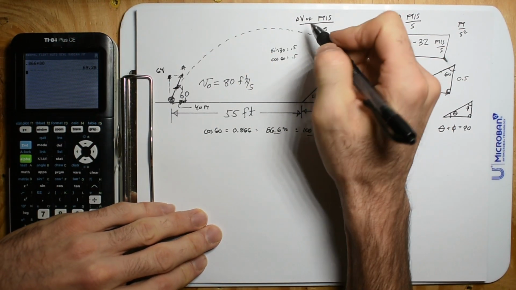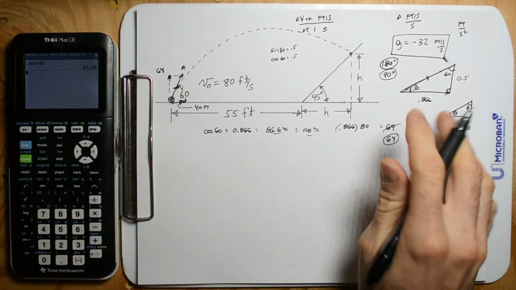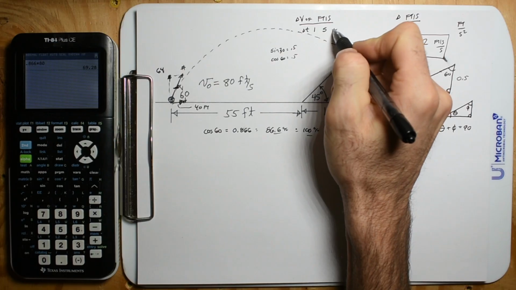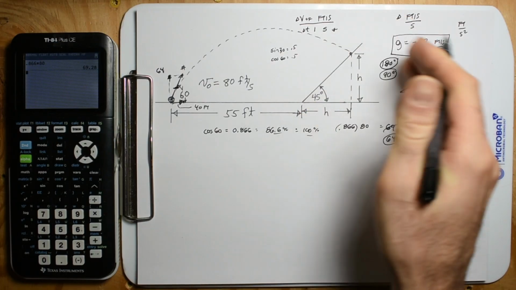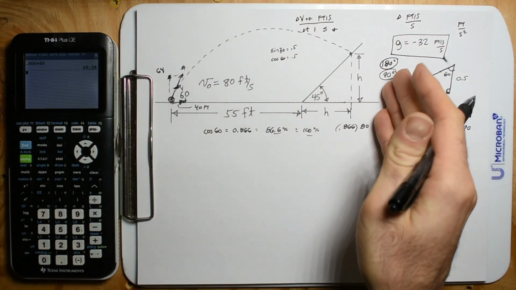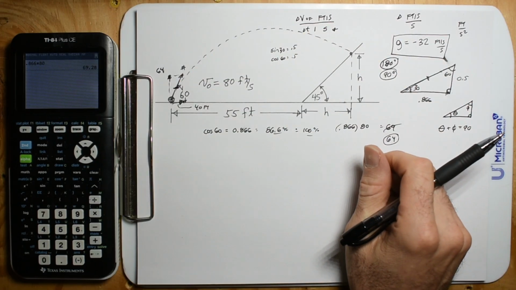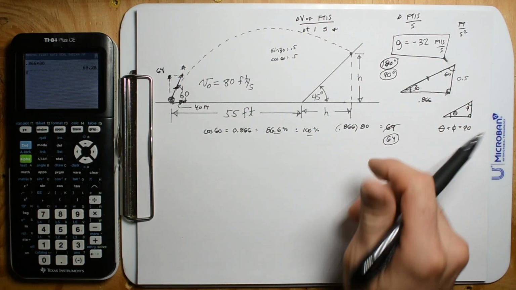This is the change in time, but what I really like to do with problems, especially these projectile problems, is just choose a change in time of 1 second. They're usually only in the air for like 5 to 10 seconds, and so that's what we have right here.